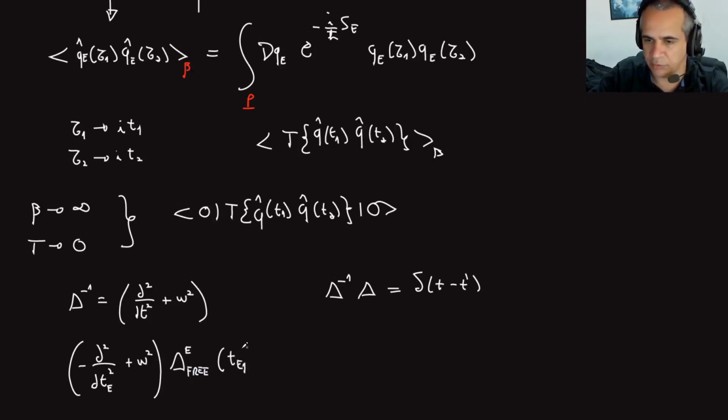Let's call them Euclidean 1 and Euclidean 2. Of course, this derivative is acting on one of them. Let's take Euclidean 1, and this is delta(t_E1, t_E2).